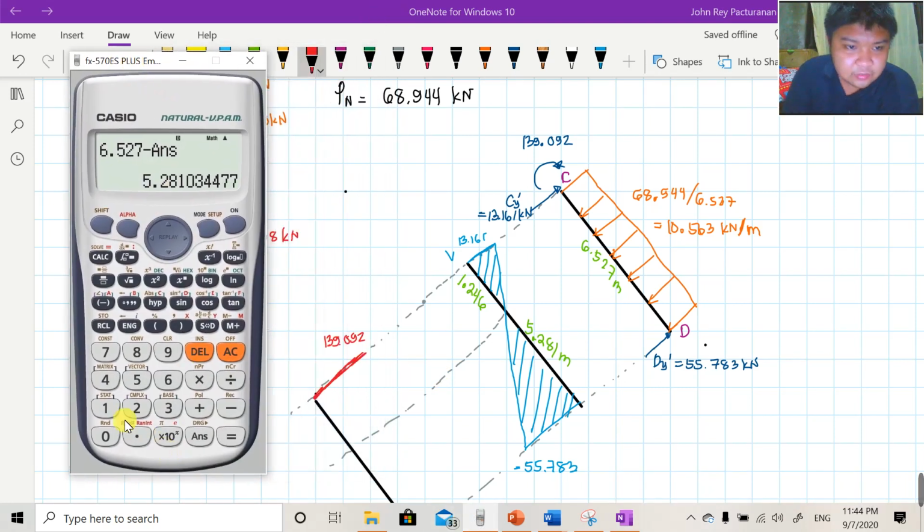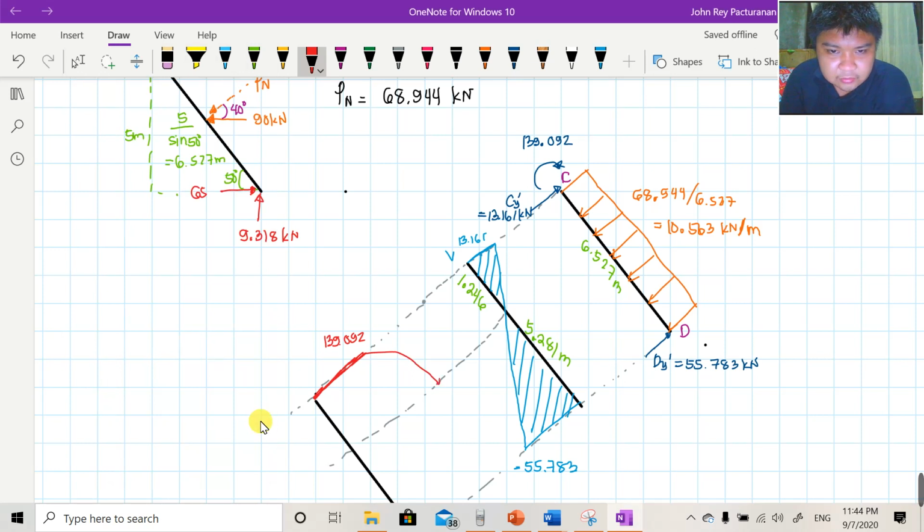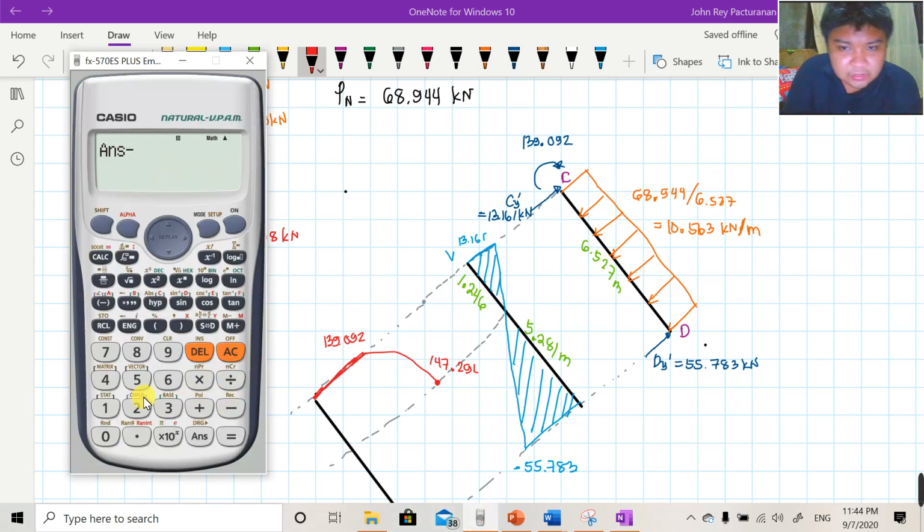On the other hand, may positive area tayo. So, therefore, 139.092 plus 1 half ng 1.246 tapos ng 13.161. Okay, so ang sagot natin ay 147.291. So, lagay mo siya, 147.291. And lastly, may subtraction, minus 1 half ng 55.783 tapos 5.281.